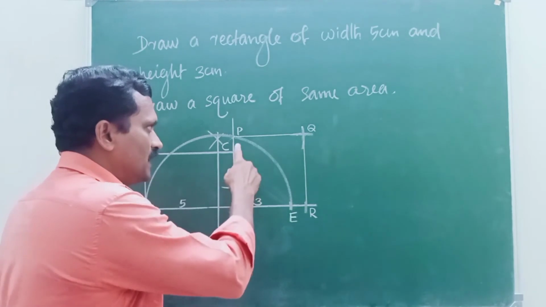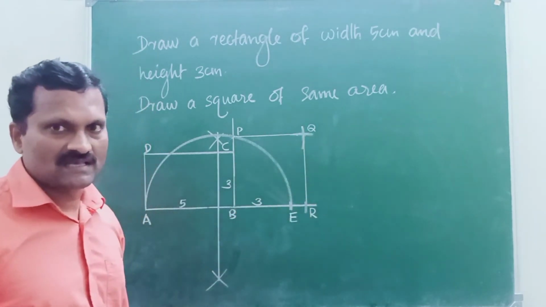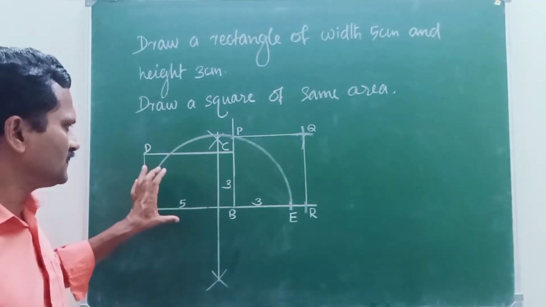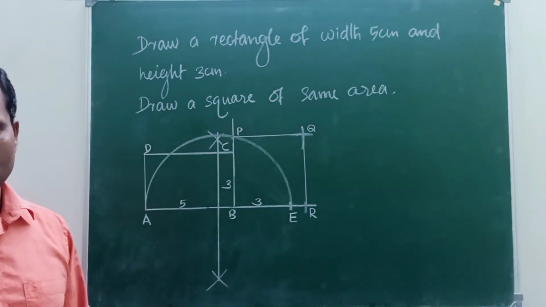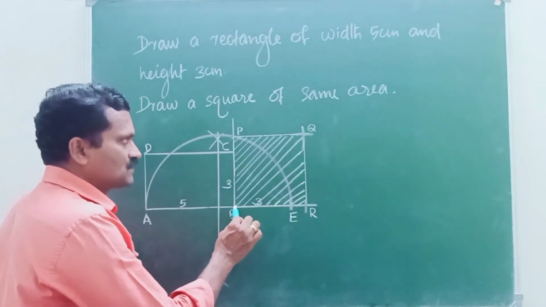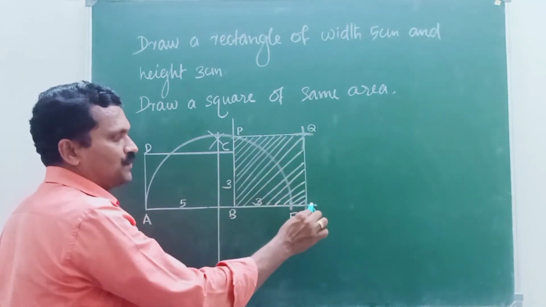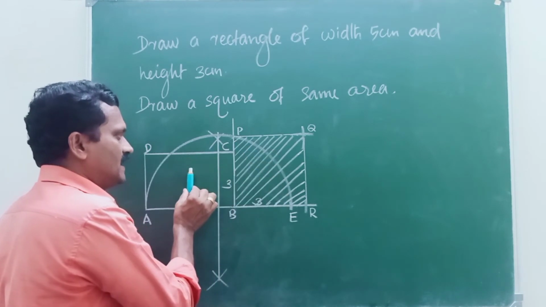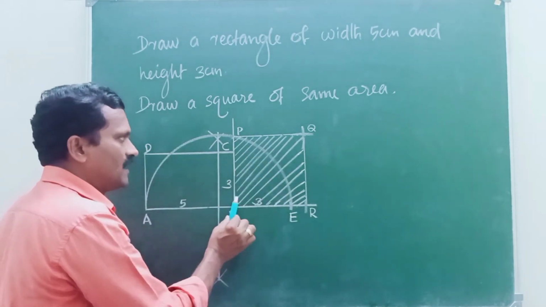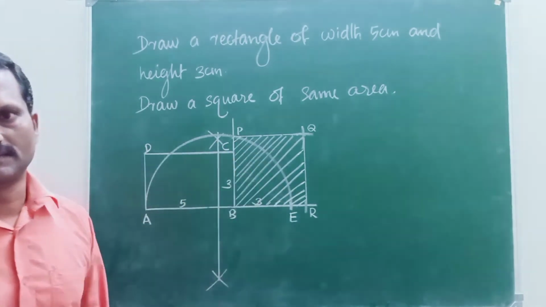That is BPQR is the square of area equal to the area of the rectangle. Shade the square BPQR, which is the required square whose area is equal to the area of the given rectangle.